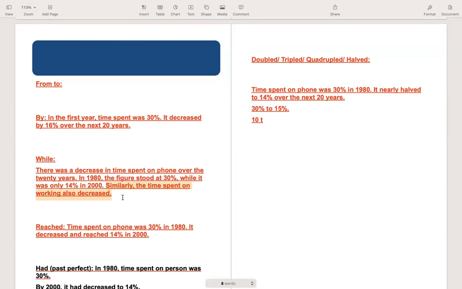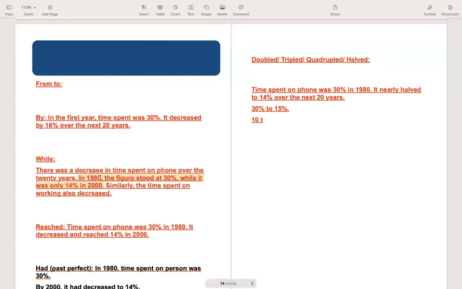You mean that you have a core sentence, "there is a decrease in time spent on phone over the 20 years," and after that you expanded your sentence with a while structure, to show how the decrease happened. Yes. Then you said the figure stood at this, while it was only 14% in 2000.